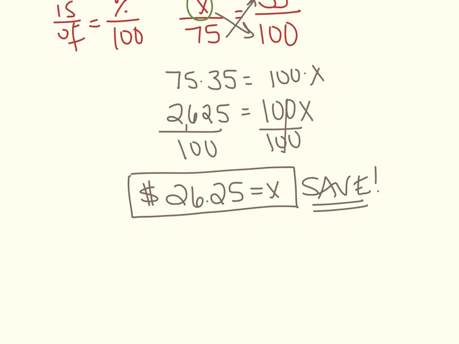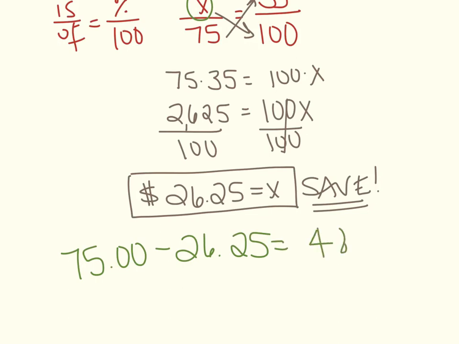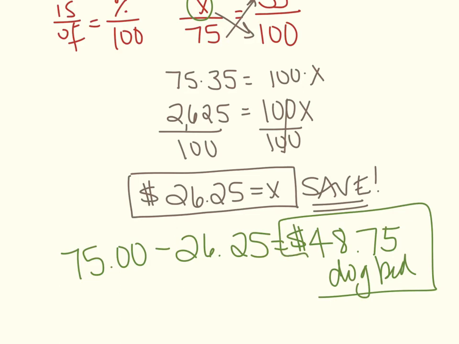So we could find out what he is going to pay, and that amount's going to be $75 subtract $26.25, and he will now pay $48.75 for the dog bed. It does pay to watch those sale prices.